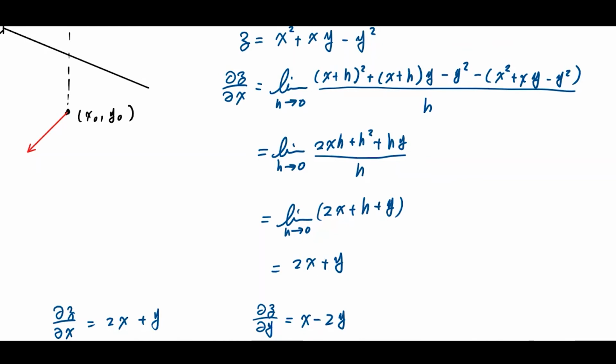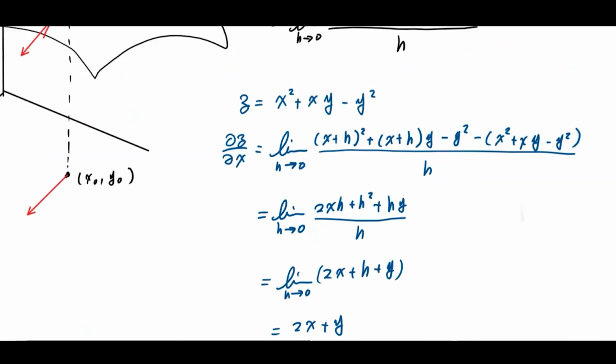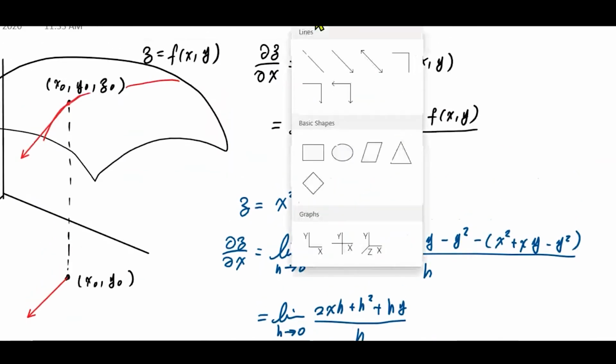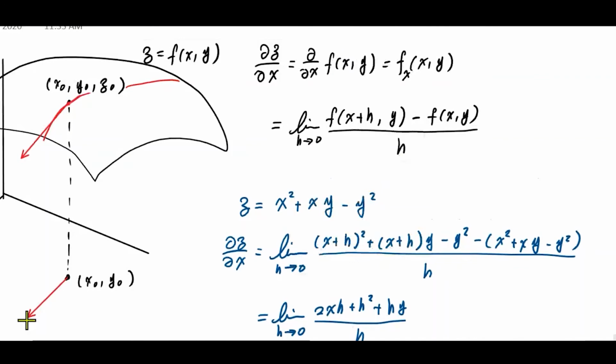So what does it look like? What kind of slope are we talking about? Let's go back to the picture. If our motion, and always think in terms of physics, is from there and moving along in the parallel direction of the y-axis, right? And then, first of all, the curve will look like this.